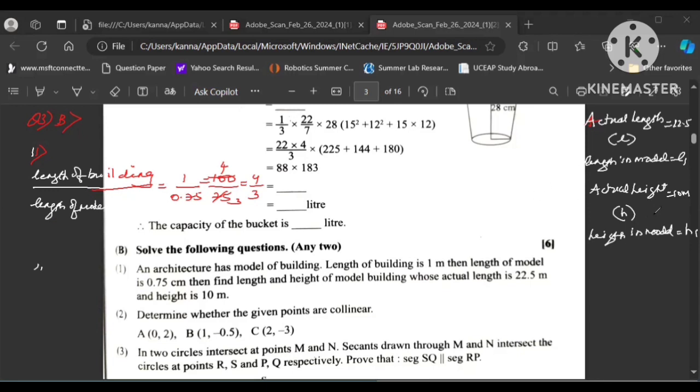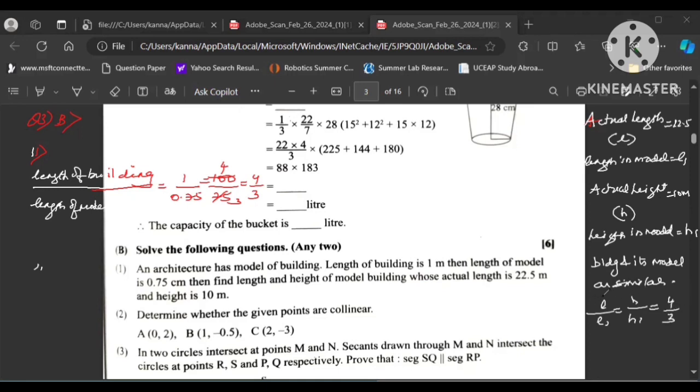Now remember, children, the building and its model are similar. Therefore, L upon L1 and H upon H1 will be equal to 4 upon 3, children.